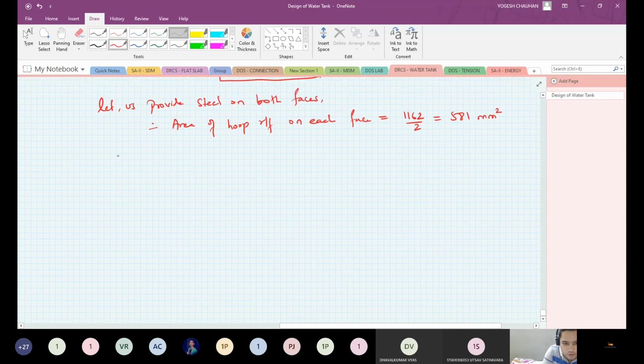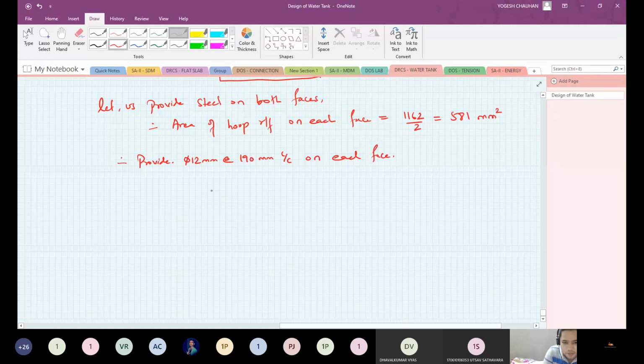So therefore, provide 12 mm dia at 190 mm center to center on each face.